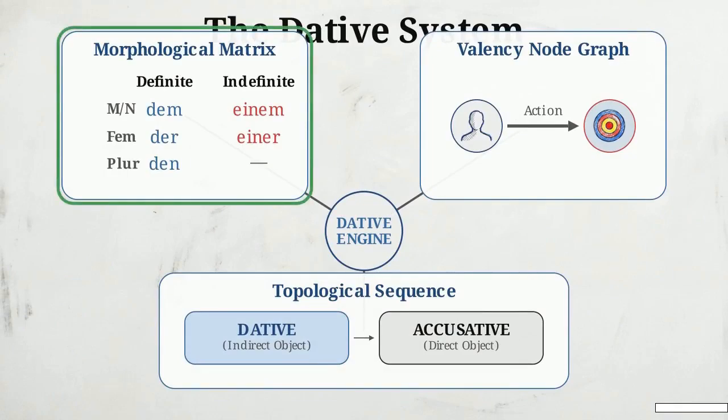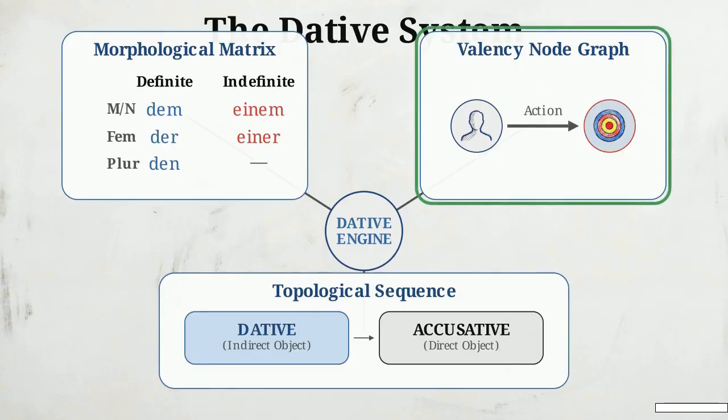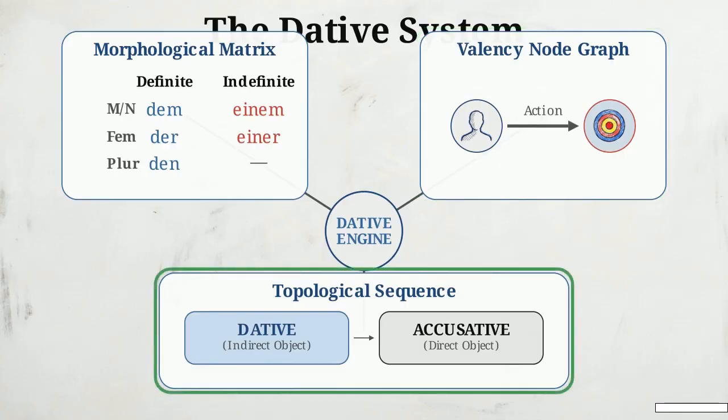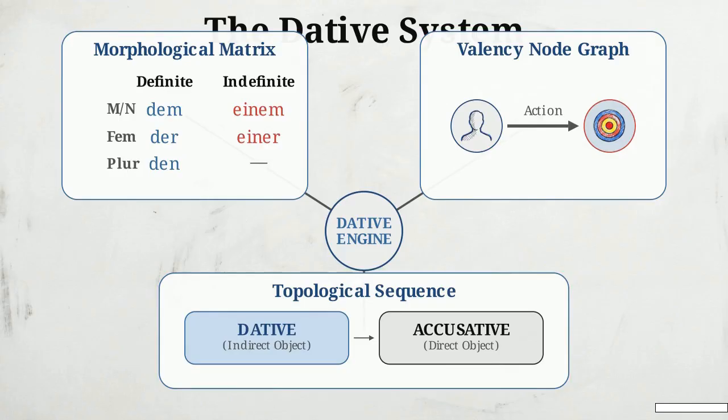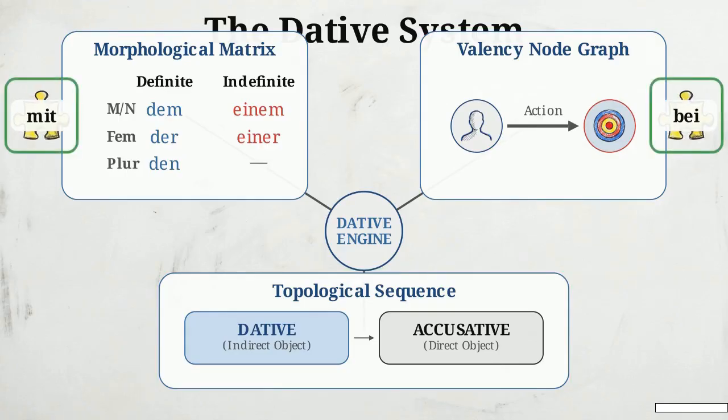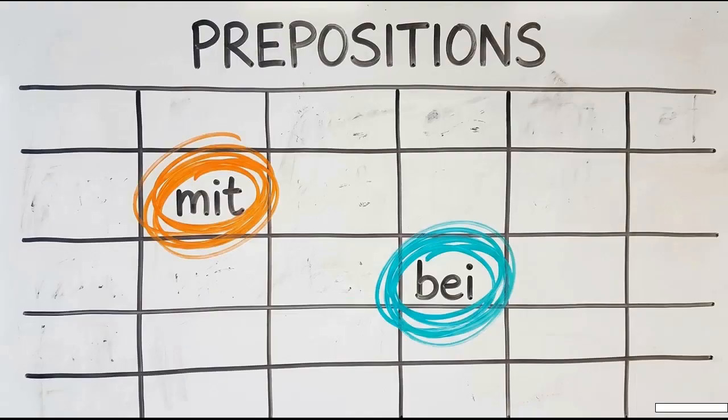We have a unified engine driven by morphological convergence, regulated by verbal valency, and ordered by rigid topology. The final locked variable involves specific prepositions, like mit or bei, which unilaterally trigger the dative case. These prepositions operate on an entirely separate structural logic that demands its own dedicated analysis.